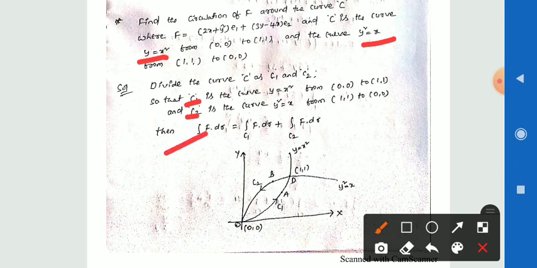Then the integral of f dot dr over C is equal to the integral over C1 of f dot dr plus the integral over C2 of f dot dr.